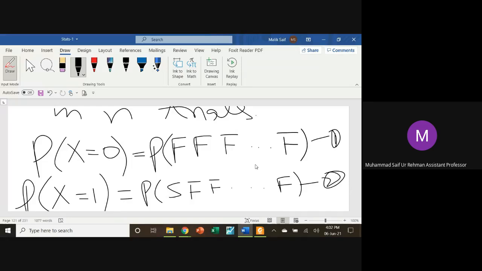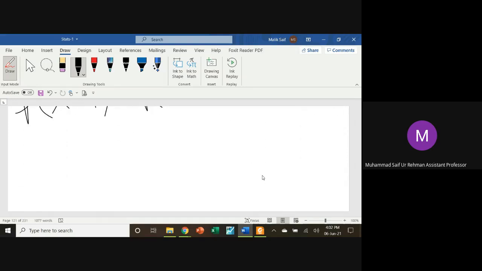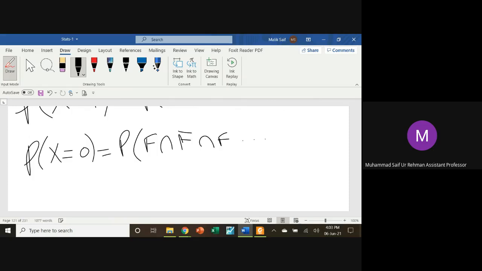Can you recall that? We studied two things: addition rule and multiplication rule. In addition rule we used union, and in multiplication rule we used intersection sign. When intersection was there, we were considering dependency. So if I write it down as probability of x is equal to 0, this is equal to probability that failure is there, and failure is there, and failure is there, and so on, and n times failure is there, and events are independent.